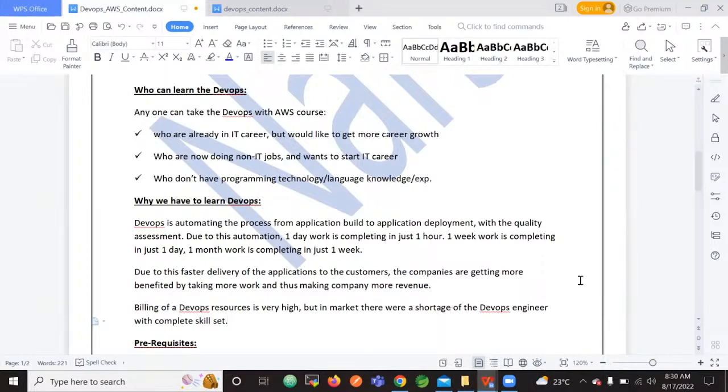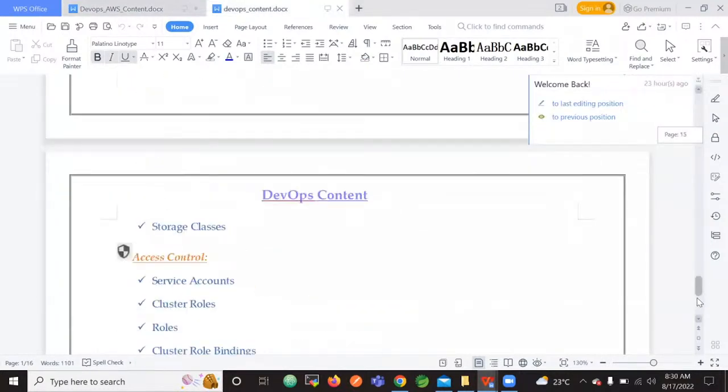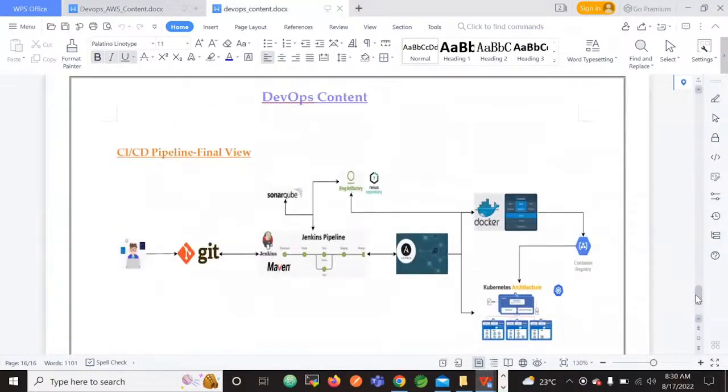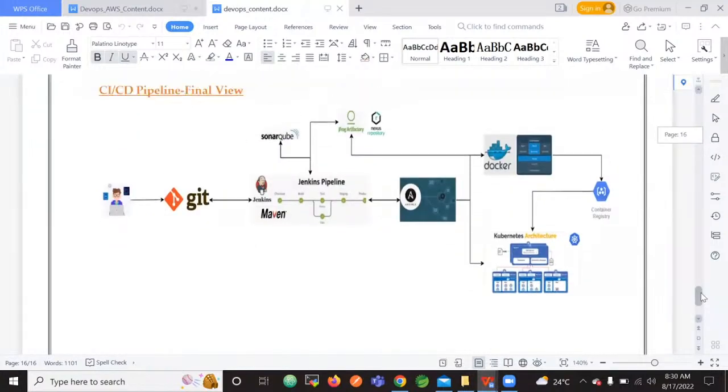What the complete skill set means is, for example, if you can see this pipeline, this is a pipeline that we need to build. Now what is happening, few members have the skill set of Jenkins only. Few members have Ansible only.